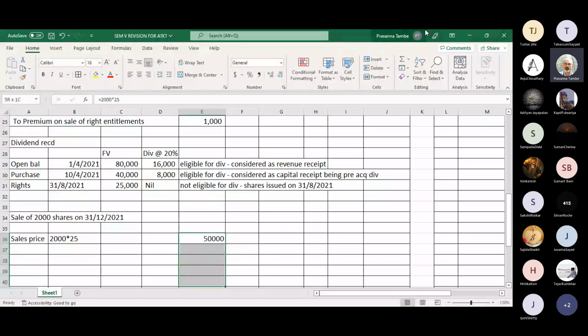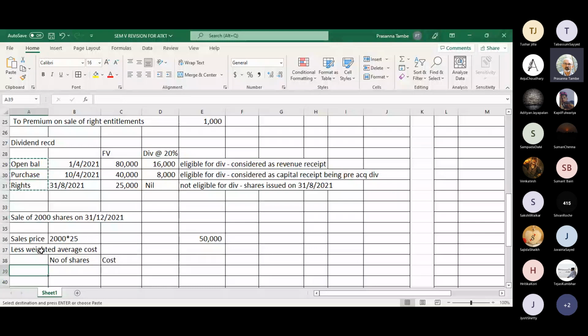Now we have to find out the weighted average cost. We have number of shares, we have opening balance, we have purchase, and we have rights.